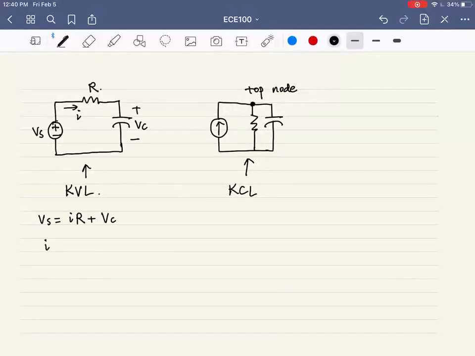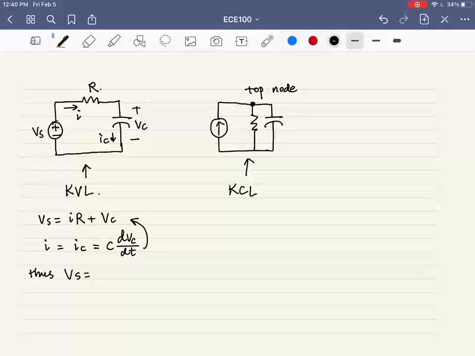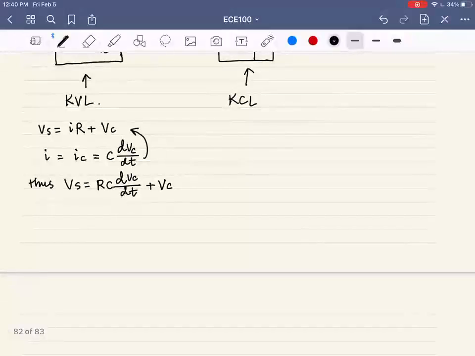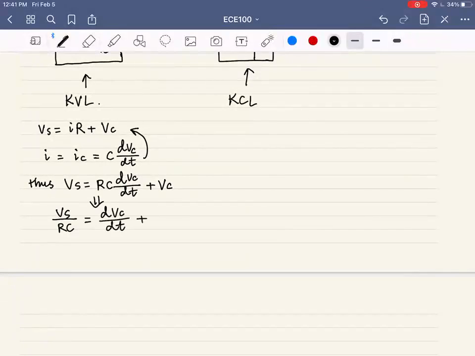And we know that I equals IC equals C, the derivative of VC. And we substitute this into the original KVL function, we will get Vs equals RC dVc over dt plus Vc. Okay? And let's divide both sides by RC, we will get this, the same as a general form.